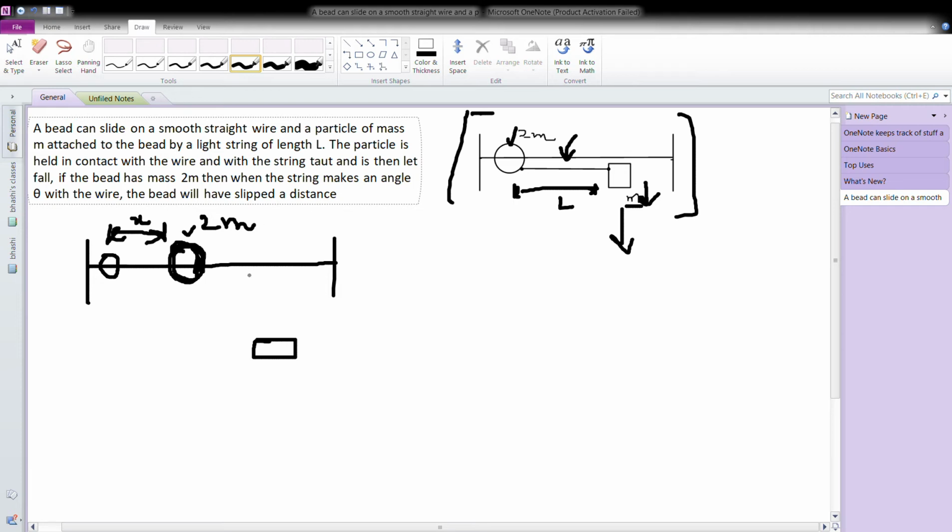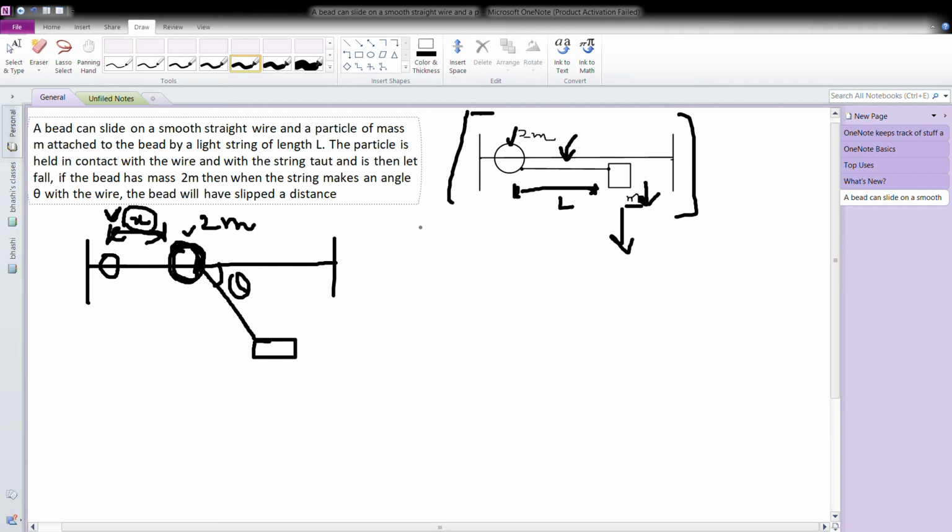So it says that when our particle has fallen, the angle that the string makes with the wire is theta, and it is asking us for this displacement, which is x. It is asking to find this x, meaning how much our bead is displaced from the initial position.